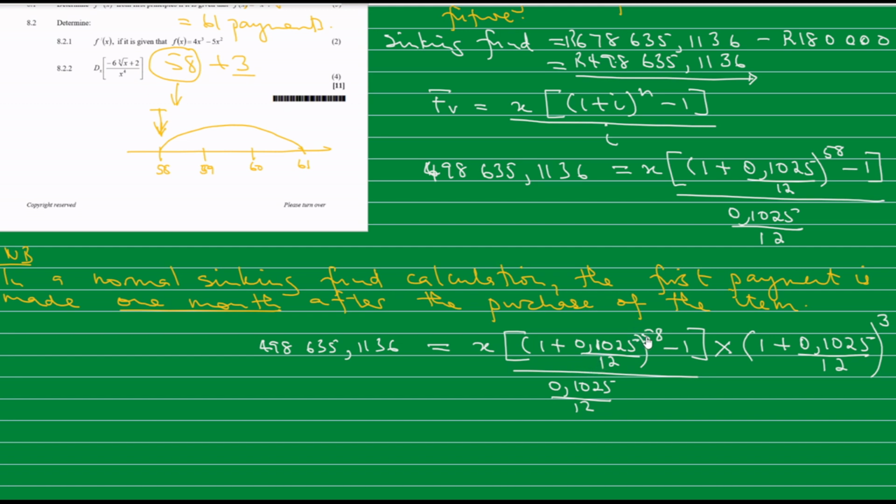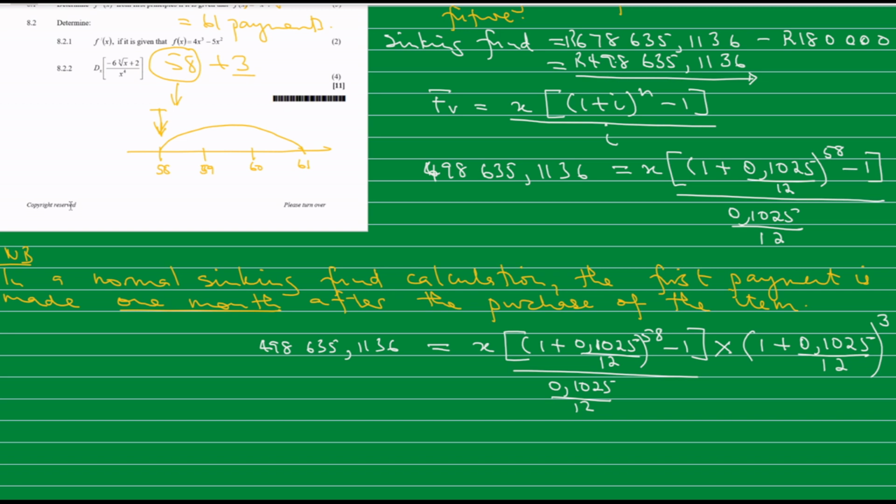So it means 58 payments and then accrued interest over 3 months, which will give us the sum of money that we need to purchase the vehicle.